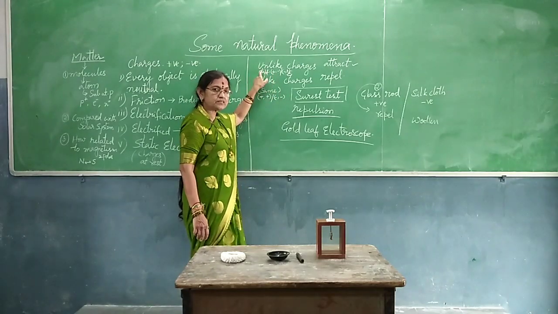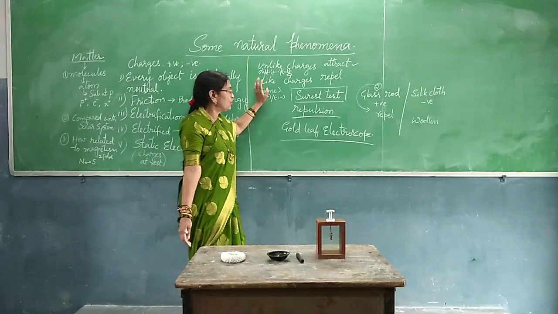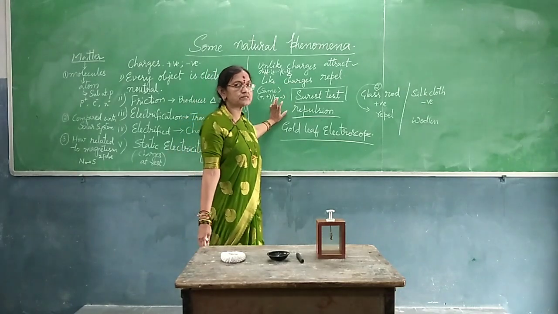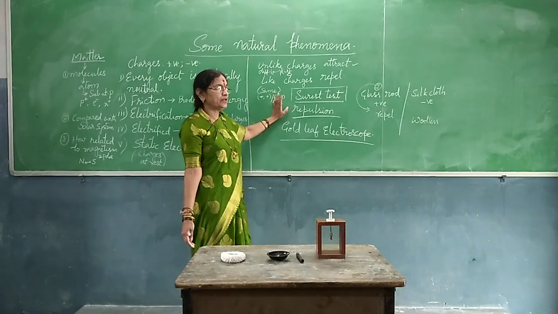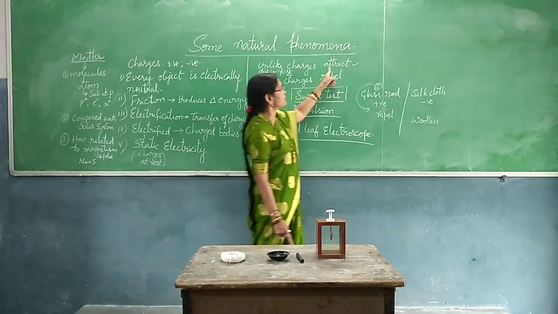Basing on this principle, static electricity is working. Now, which is the surest test? I told you repulsion is the surest test. Why? Because when a body is charged, and another body is not charged, this property, that is attraction, we can see.